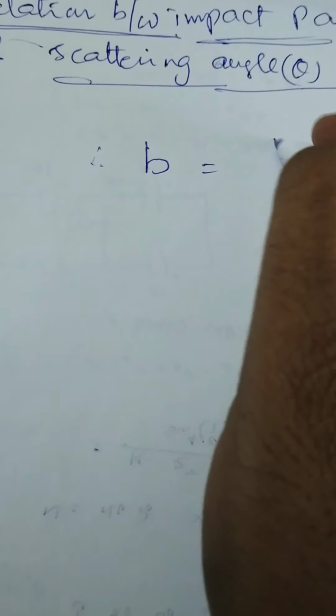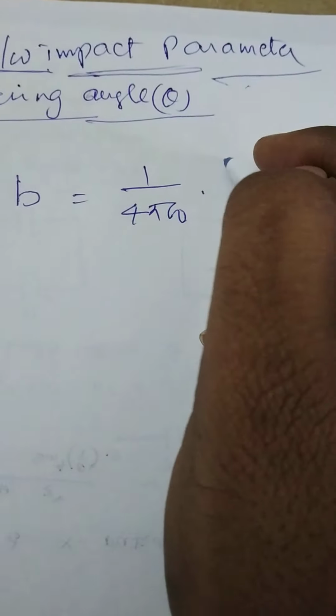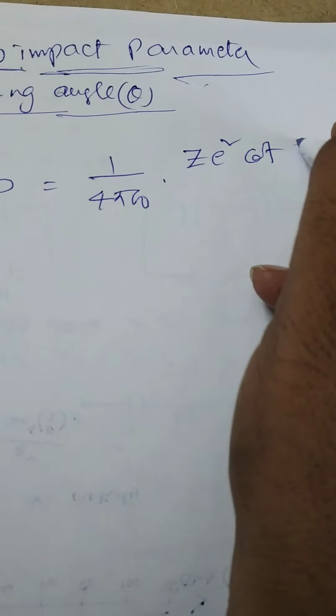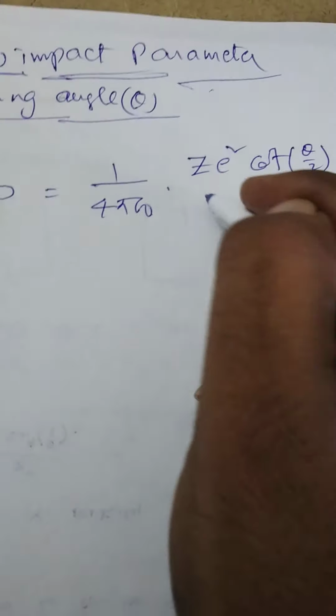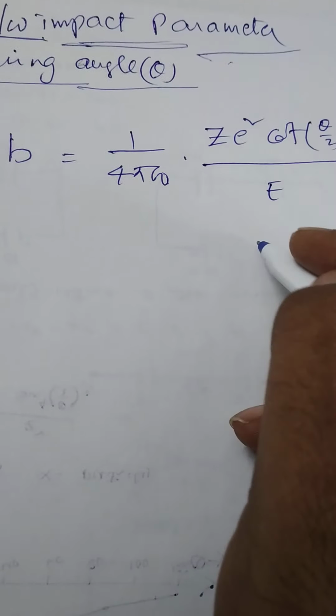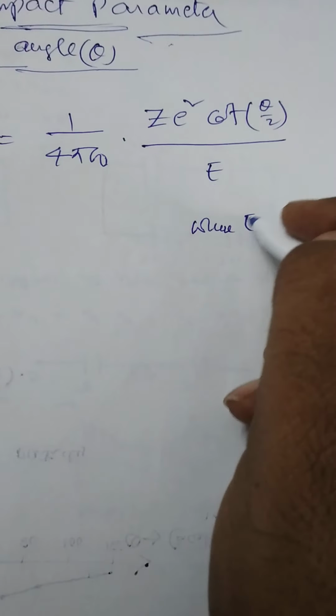impact parameter b is equal to 1 by 4 pi epsilon naught into Ze square into cot theta by 2 by capital E, where capital E is the kinetic energy of the alpha particle at infinite distance.